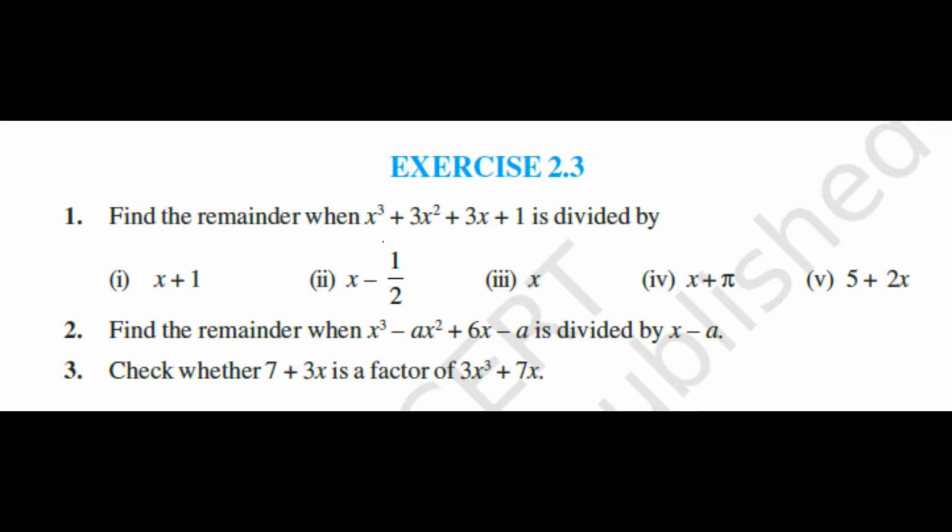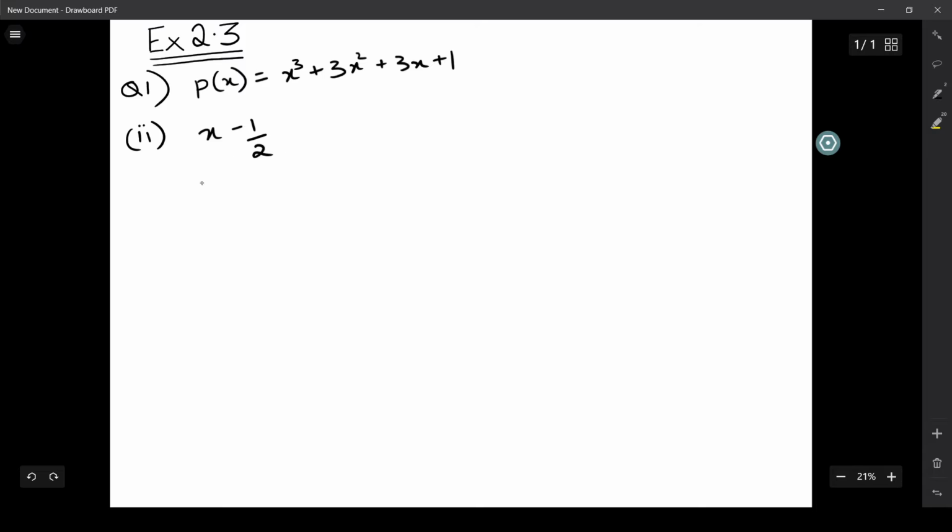Now for my second part as well, it's the same polynomial in question, which is x cube plus 3x square plus 3x plus 1. The second part is asking us to find the remainder when we divide the polynomial with x minus 1 by 2.